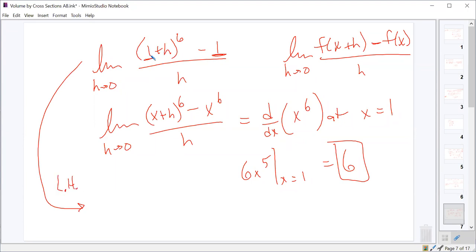The derivative of (1 plus h) to the 6th is 6 times (1 plus h) to the 5th. The derivative of minus 1 is 0, that goes away, and the derivative of h is 1. And we would just plug in 0 for h and get 6 times 1 to the 5th, or 6. Does that make sense for that one?